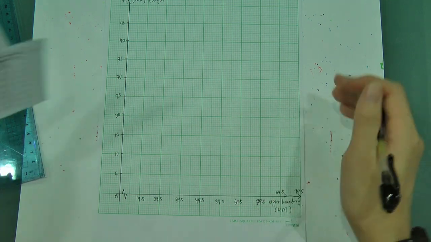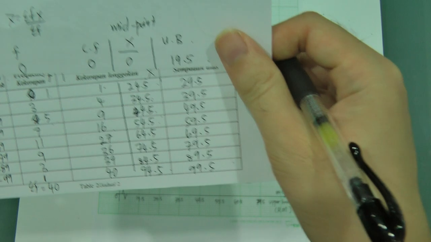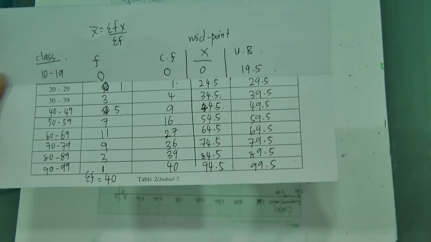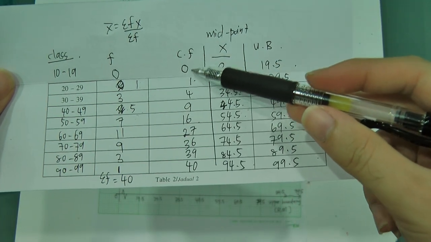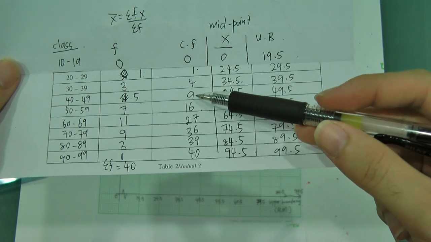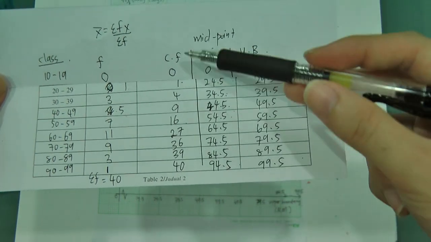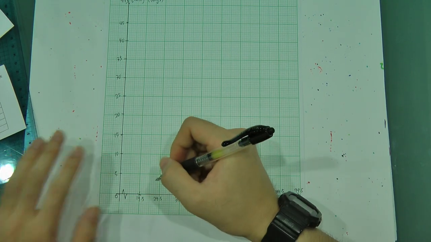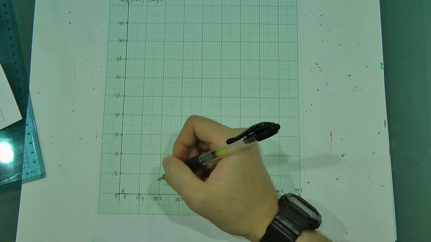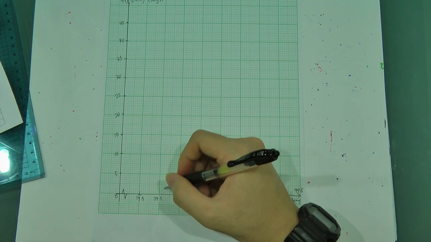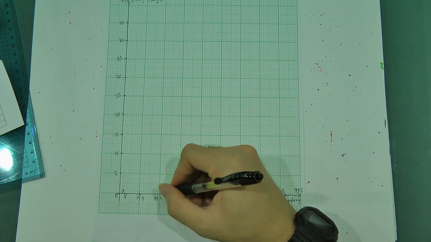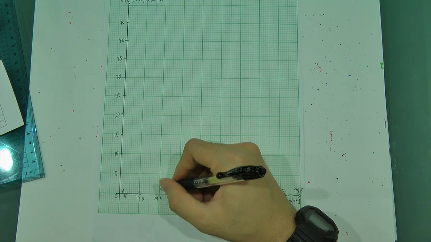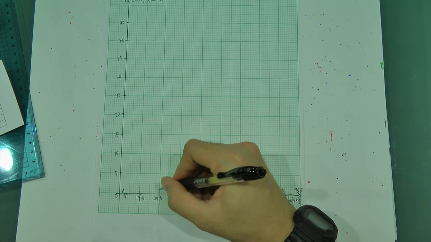Not really hard, but when you plot the graph, one thing you have to make sure is you have to see the cumulative frequency from 0, 1, 4, 9. So I'm going to plot according to this. So 19.5, the first one will be 0. And then for the next one, 29.5 will be 1. So 1 is roughly, okay, roughly here.